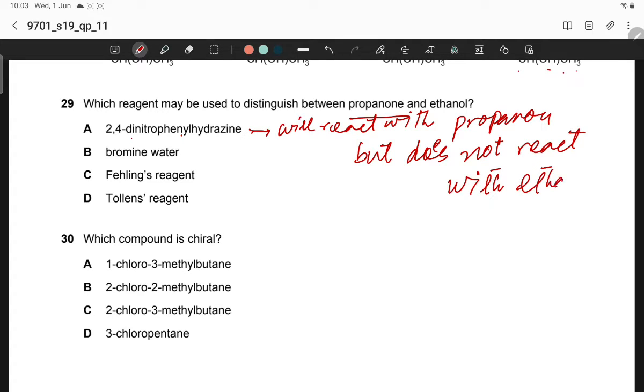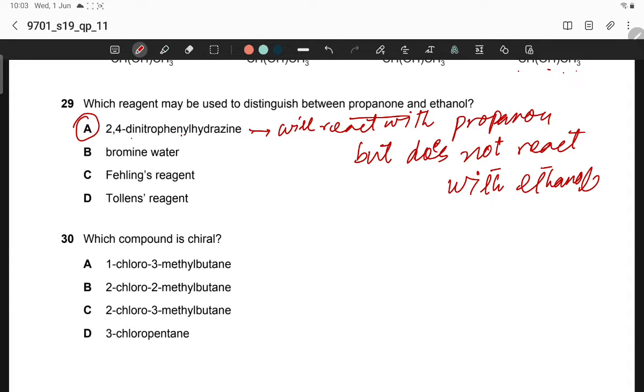No change with ethanol, and it reacts with propanol. It gives a positive test with propanol. So this must be correct.